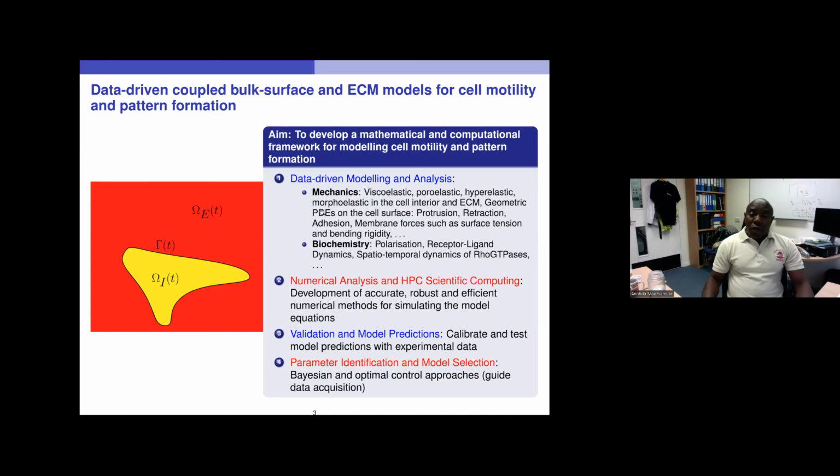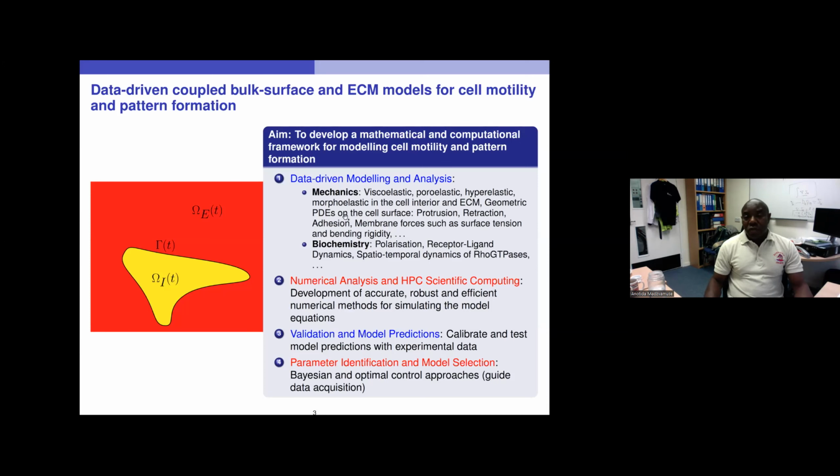In many cases, the mechanical processes are driven by the biochemistry for polarization and receptor-ligand processes. In particular, I'm interested in the spatial-temporal dynamics of Rho GTPases. In some of my studies, I've linked this with the mechanics. I could give another talk on that.